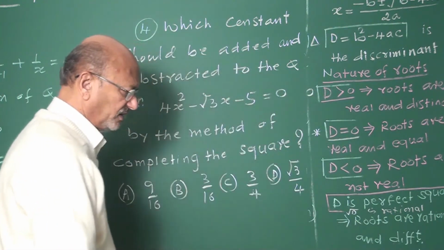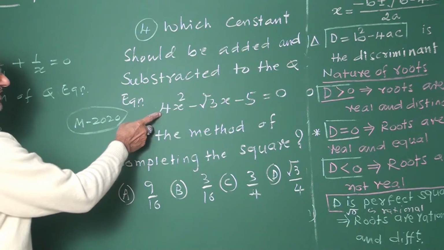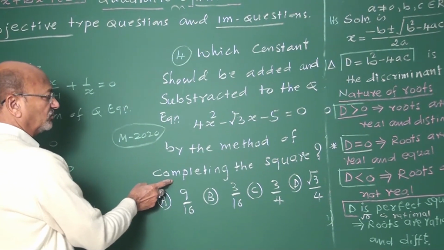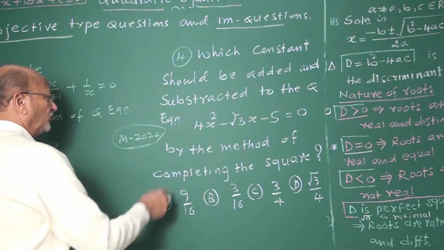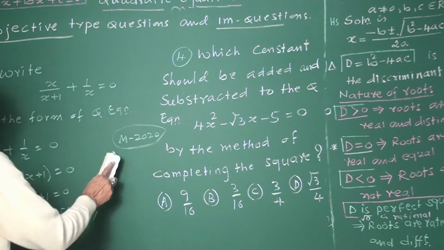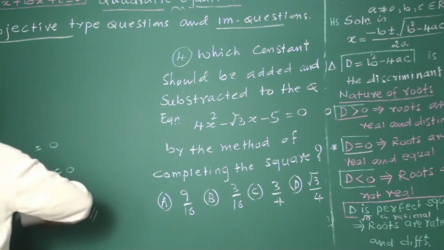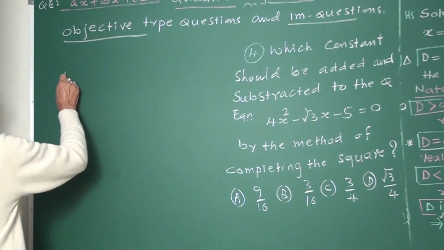This way I have done it in the 10.2 exercise: solution of the quadratic equation by the method of completing the square. We have to use the method for this. Friend, this is your given equation.